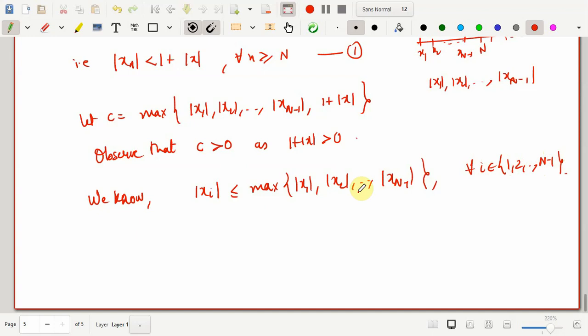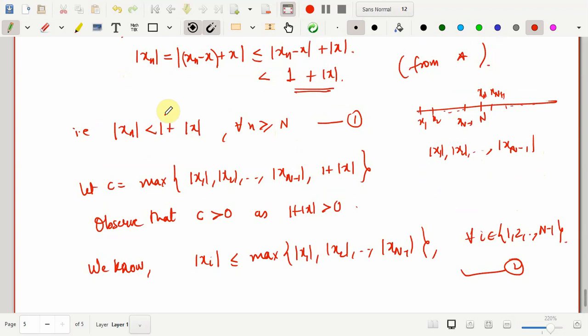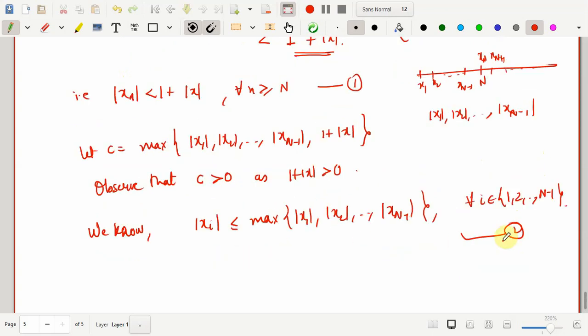Okay, so from here now we see you combine 1 and 2. So for n greater than or equal to N, this acts as the bound, and for n lying in the remaining region, that is the terms 1 to n minus 1, the maximum of these acts as the bound. And so if I take the maximum of this as well as 1 plus mod of x, that should be the bound for the whole xn.